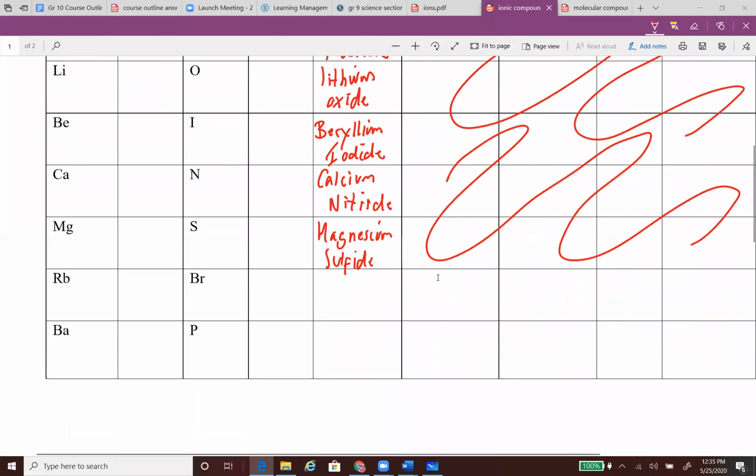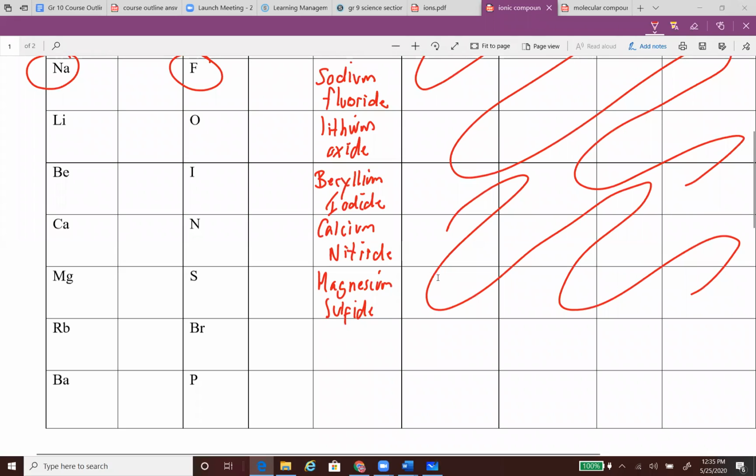If I look at Rb, rubidium, and bromine, that would be called rubidium bromide. You'll notice the only thing that changes, again, is that negative ion, which is definitely the one that's not the metal. So the metal stays the same, the other one changes. The last one would be barium phosphide.